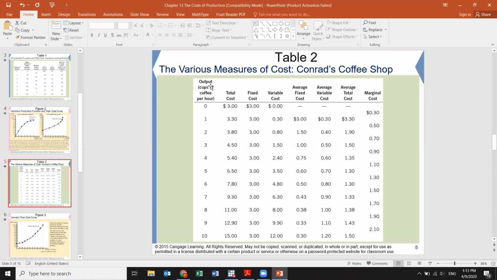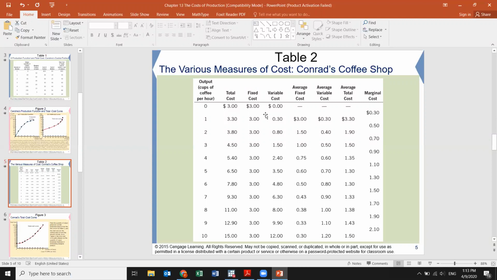It proceeds from 0 to 10. So you can see here. But one thing you should keep in mind, the average total cost is just the summation of the average fixed cost and the average variable cost. When it comes to the marginal cost, it is measuring the incremental change in the cost by changing the quantity.